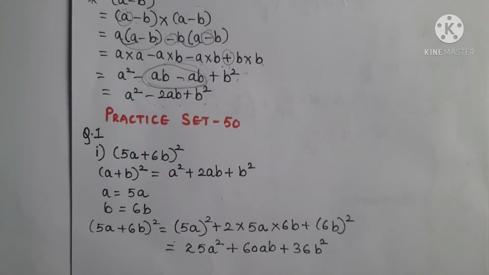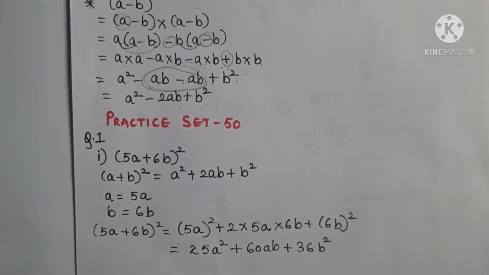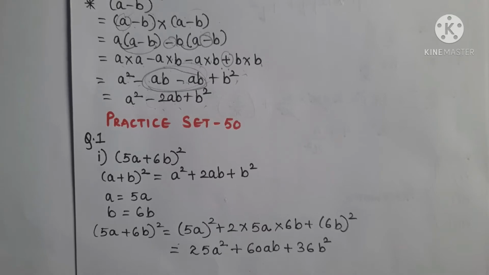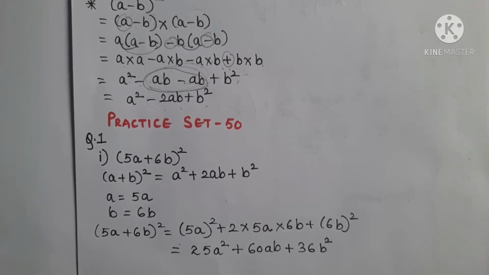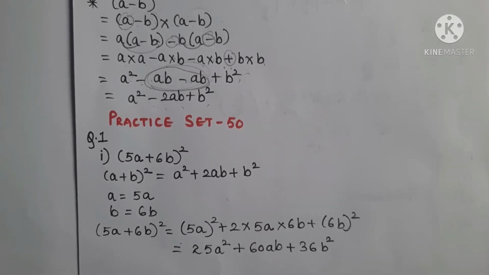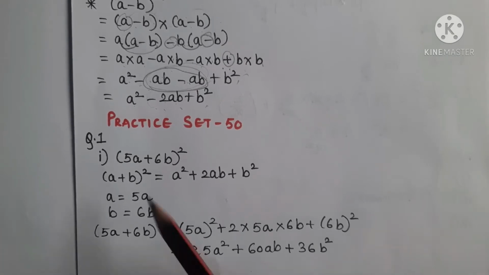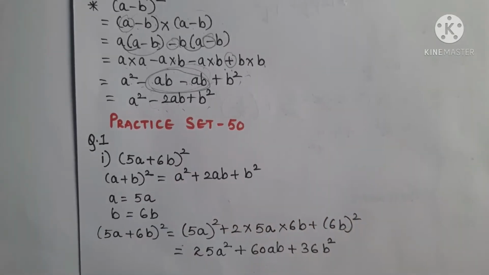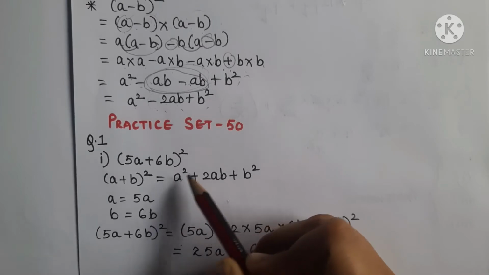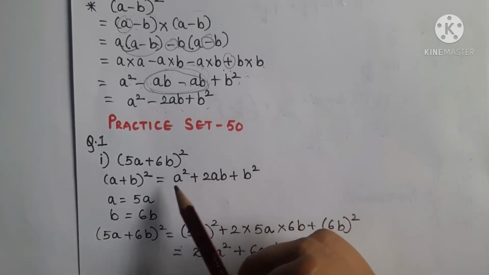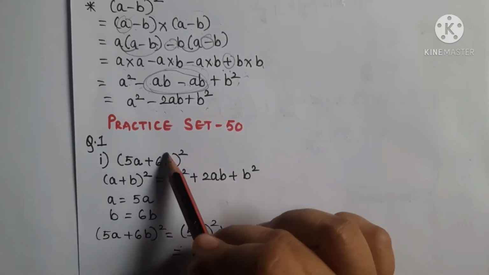Now let us see practice set 50 based on this formula. First question, expand. Question number 1. (5a + 6b) the whole square. Now (5a + 6b) the whole square is in the form of (a + b) the whole square.